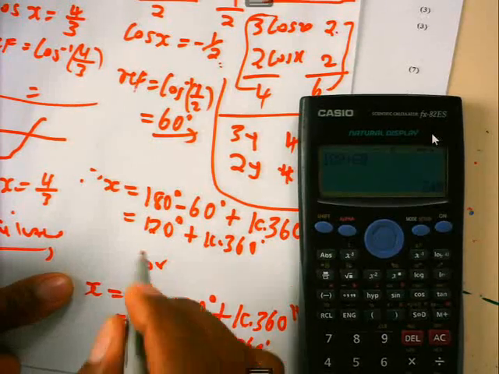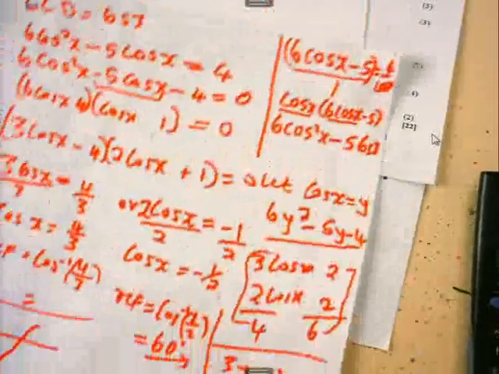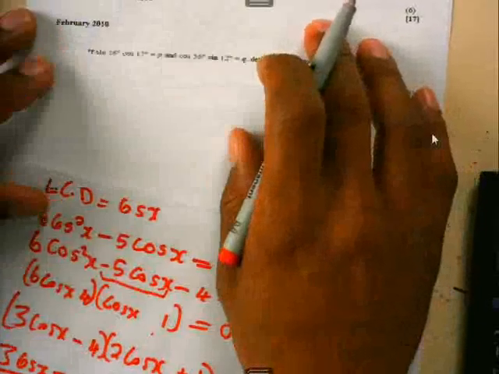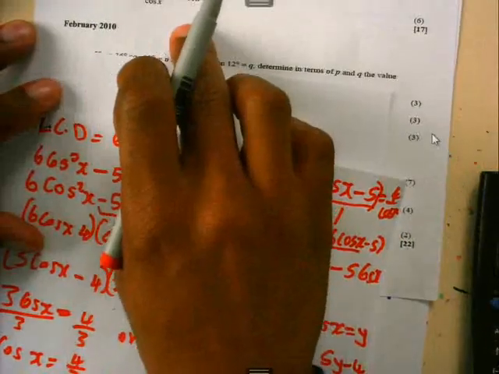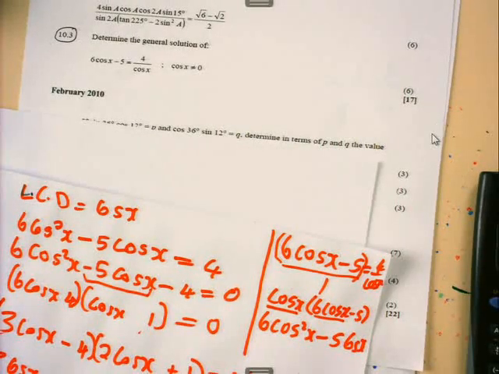This is the solution for the problem we had earlier on, 6 cos x minus 5 is equals to 4 divided by cos x, where cos x is not equals to 0.